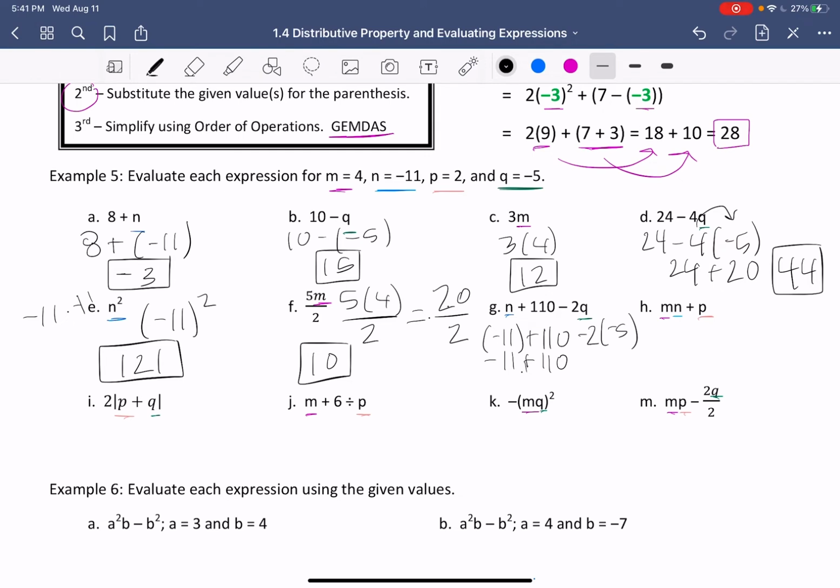Negative 2 times negative 5 gives us positive 10. I know that's kind of hard to see. Sorry, y'all, my pen is acting a little crazy. Negative 11 plus 110 plus 10.